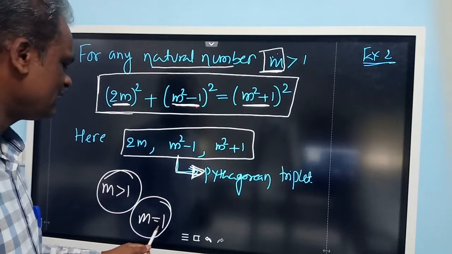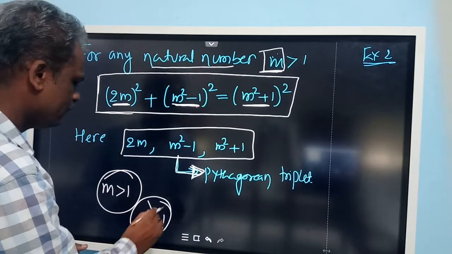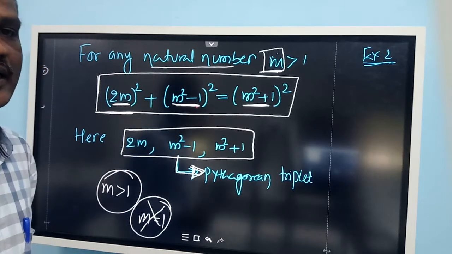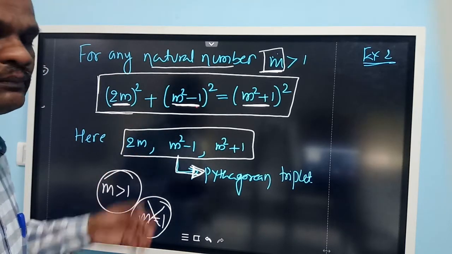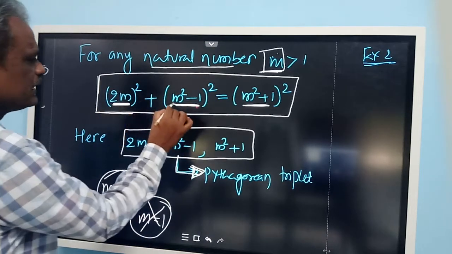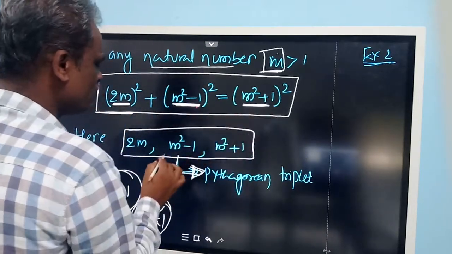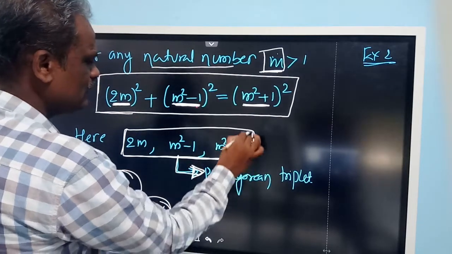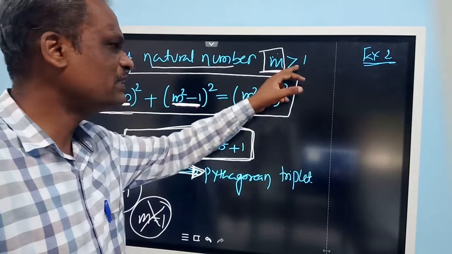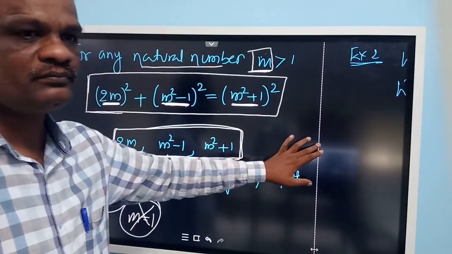So that's why we cannot take m equal to 1. m should not be equal to 1. If I take 1 square minus 1, it is 0, so it cannot become the side of a right angle triangle. So 2m, m square minus 1, m square plus 1, these three numbers are called a Pythagorean triplet in general form. Remember the condition, m is greater than 1.